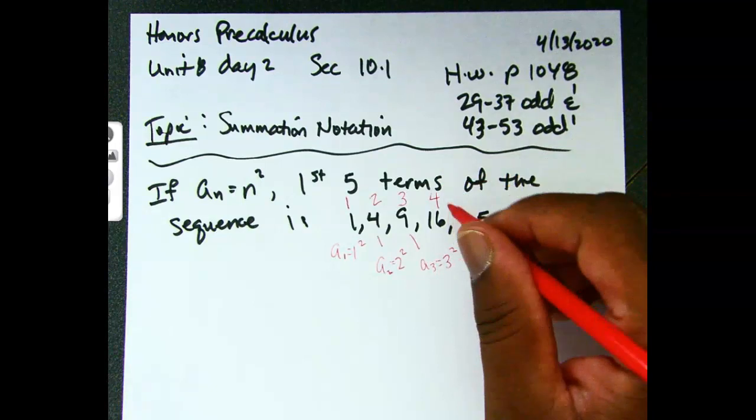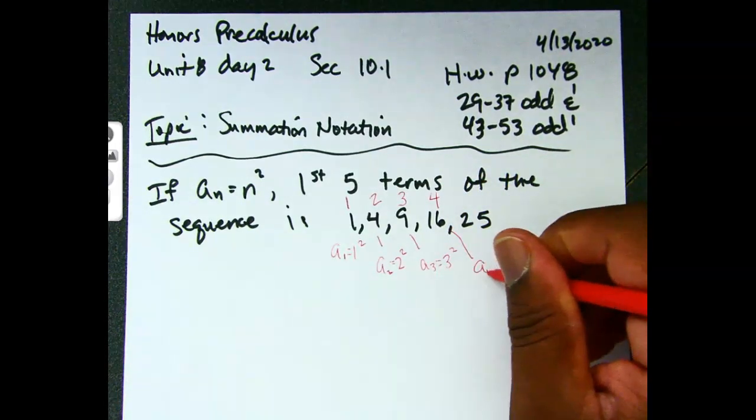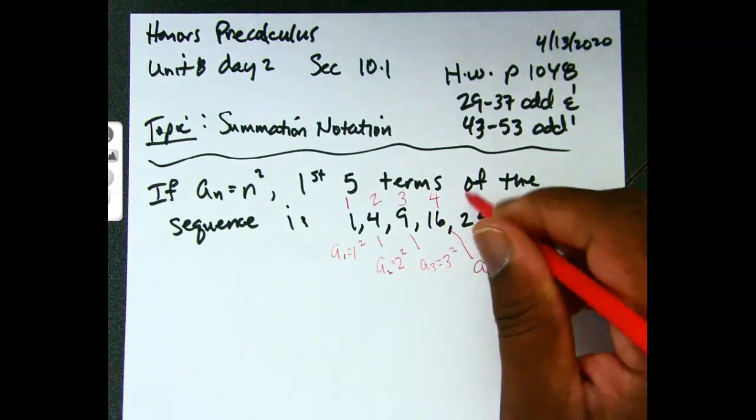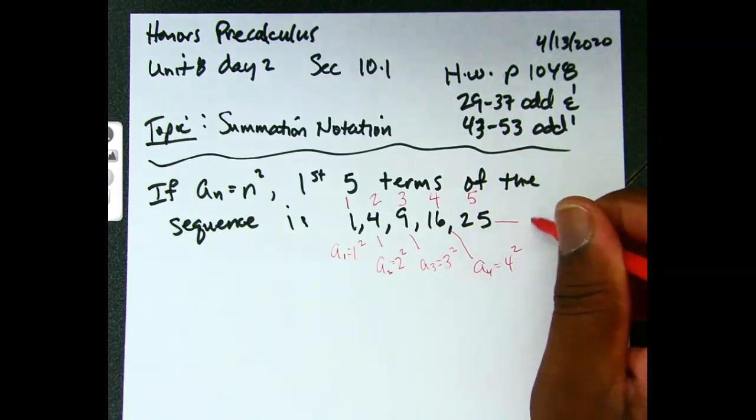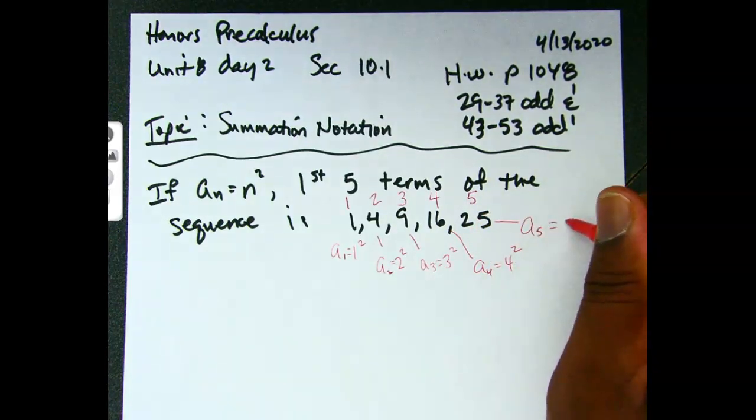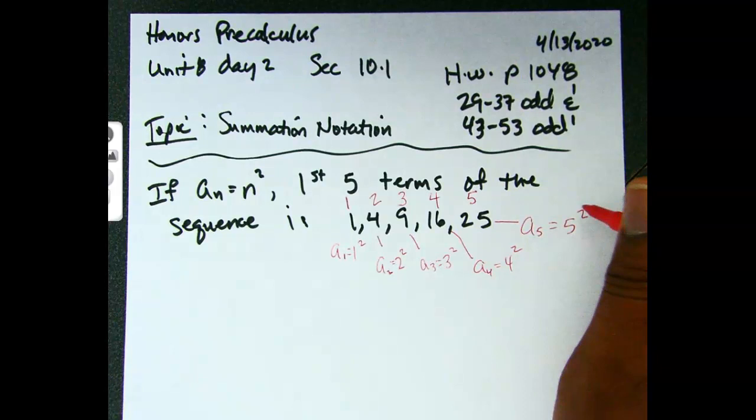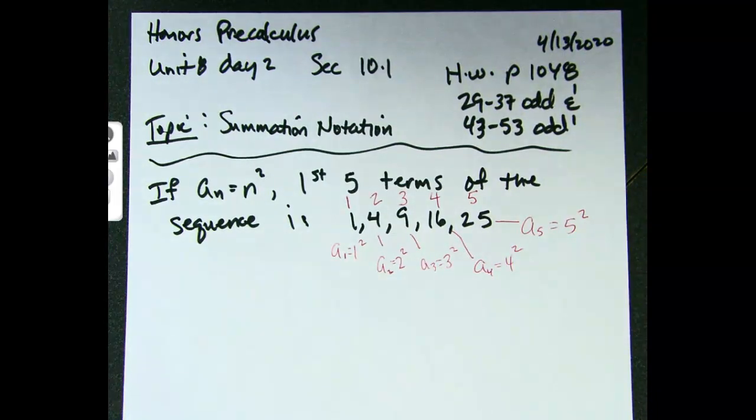When n is 4, a sub 4 is 4 squared. And when n is 5, a sub 5 is equal to 5 squared. So that's kind of what we learned how to do on the first day of Unit 8. What if, though, we want to add the terms of this sequence?